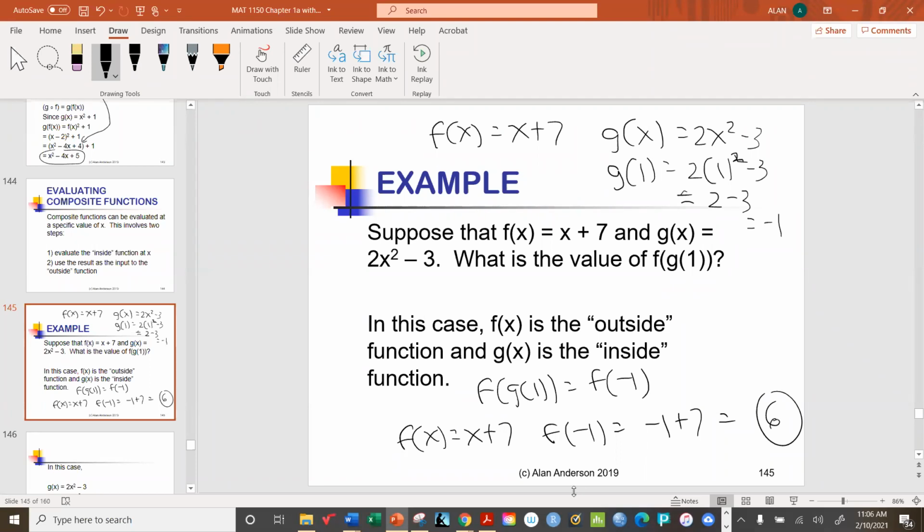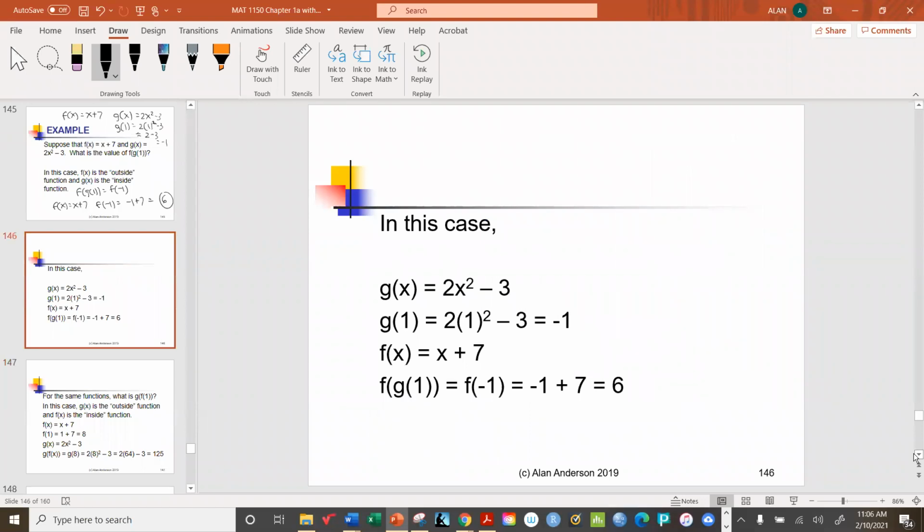So that actually made things a little easier, I think you'll agree, because we're looking for a very specific value rather than a function. And yes, that's exactly how that worked.